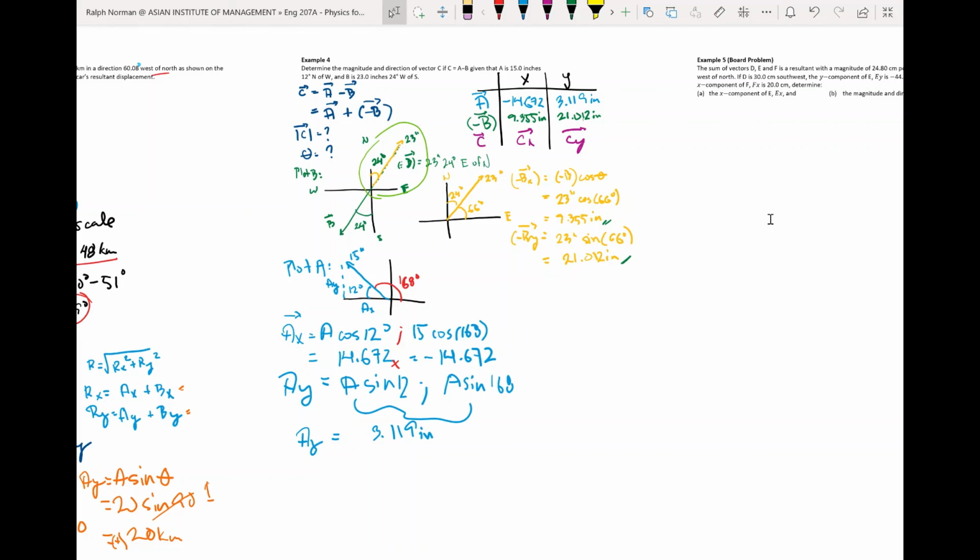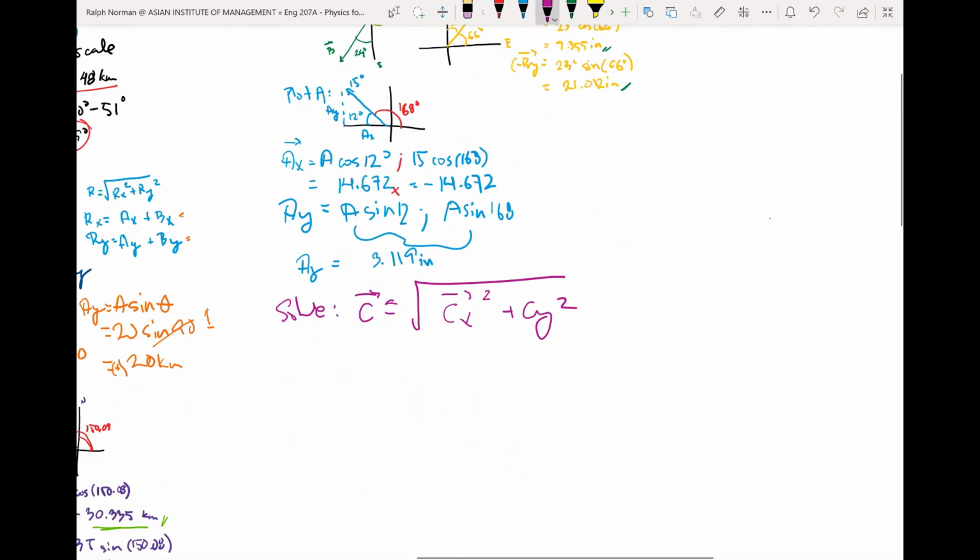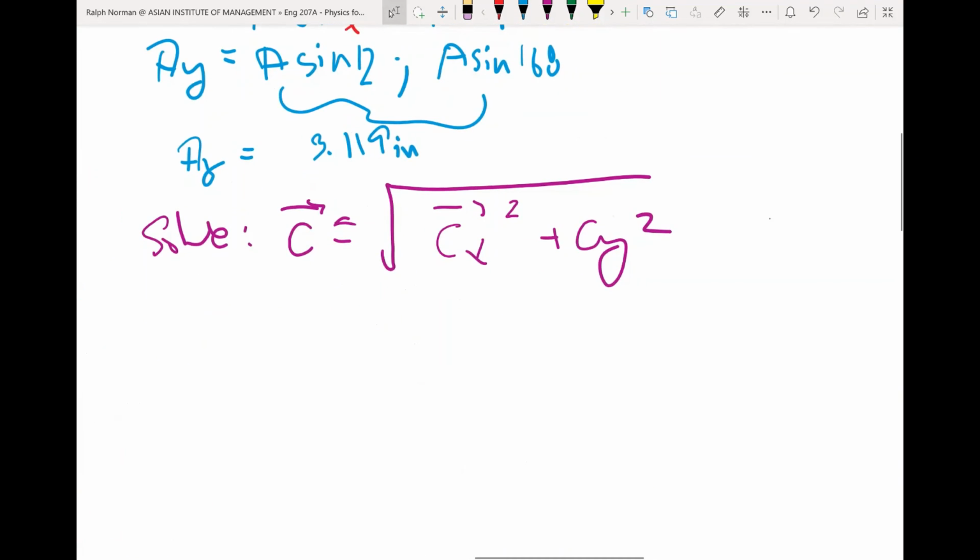But I'll still go with the usual route, solve for C, which is this one. And CX, just summation of X components. Let's just be clear na lang dito para at least malinaw. Wait lang, ayusin nyo lang guys. Pumapangit na yung sulat ko.